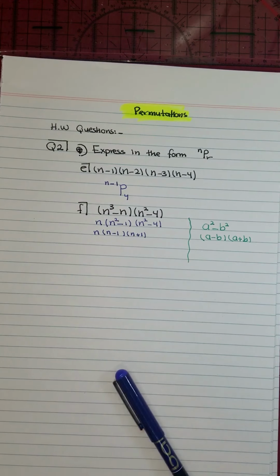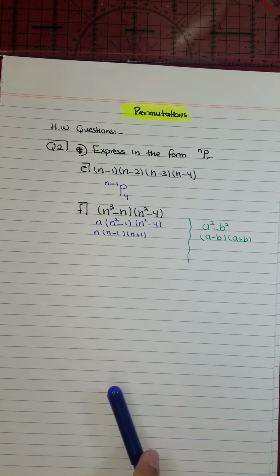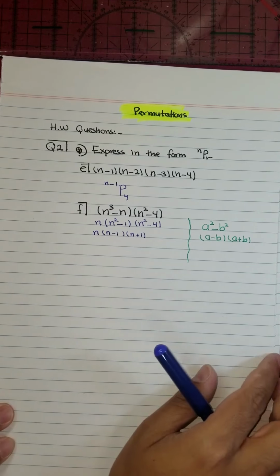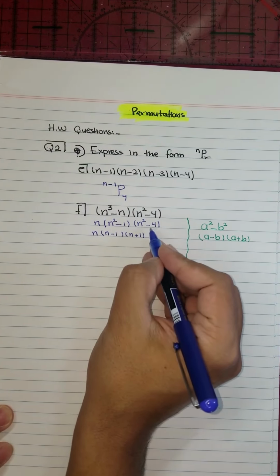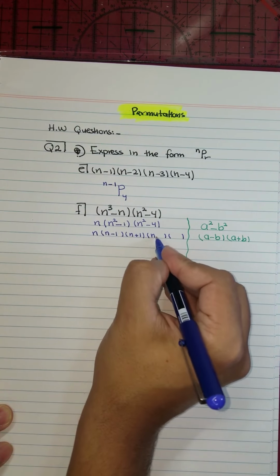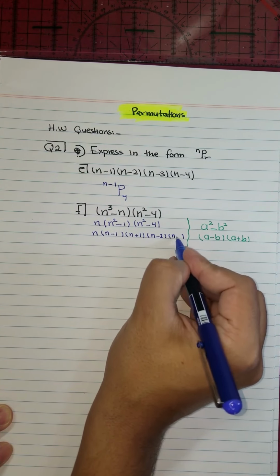Good? So what we did is we factorized the first bracket, n squared minus 1, into two brackets, which are n minus 1 and n plus 1. We can do exactly the same thing with the second one here. It's n squared minus 4. We can factorize it also into two brackets, and we will get n minus 2 and n plus 2.